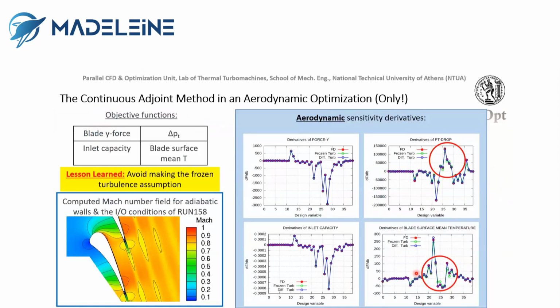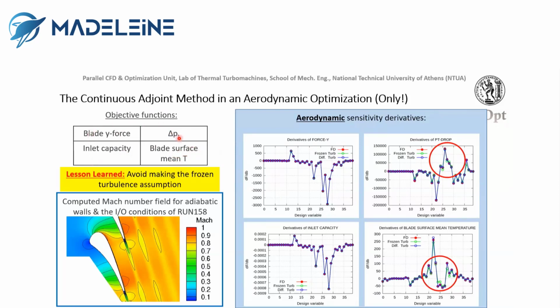When developing adjoint methods, we check the sensitivity derivatives against the finite differences, which is the reference for us. In this slide, sensitivity derivatives of 4 aerodynamic objective functions, namely the blade force, the total pressure losses, the inlet capacity, and the mean temperature over the blade surface are shown.